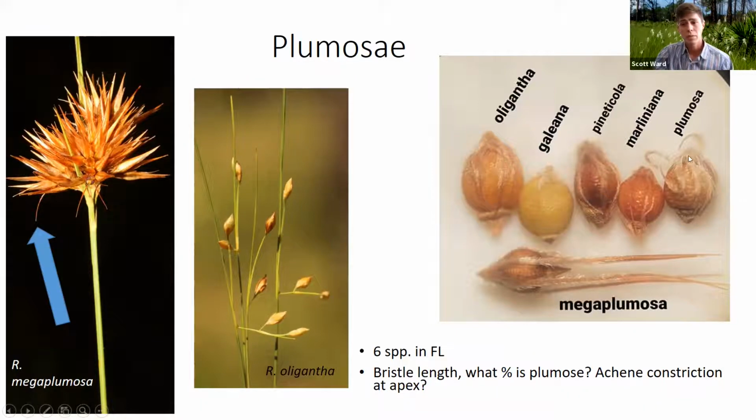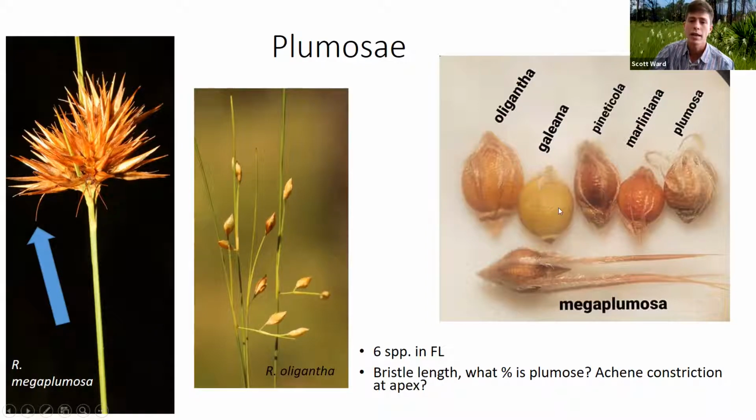When you start looking at the other Plumosae, you're sort of looking for differences in the bristle characters. So like martinii, which was also more recently described, is really more plumose at the base and not throughout, whereas pineticola and plumosa are plumose throughout. And then it's important to think about constriction. So for galliana, at the tip of the achene body, there's kind of a constriction.